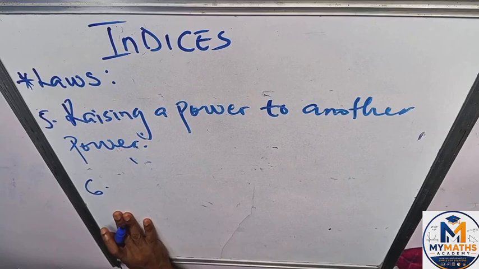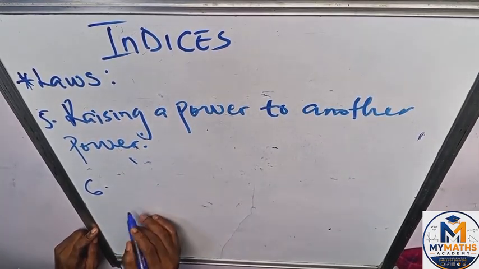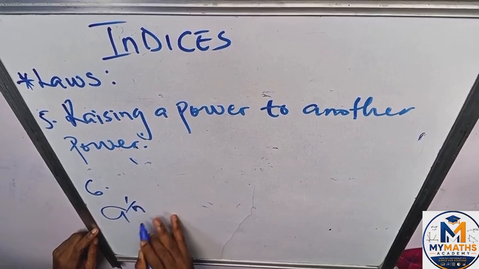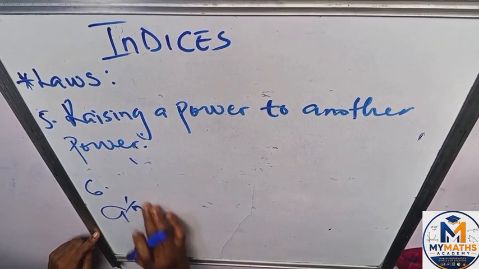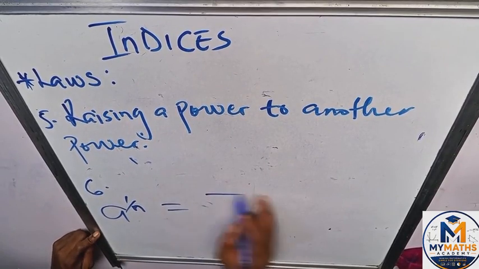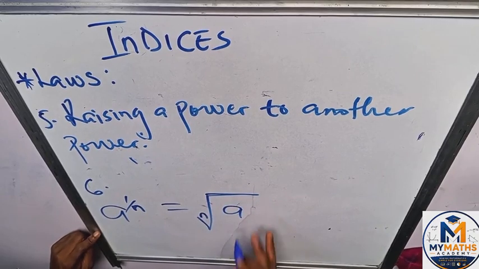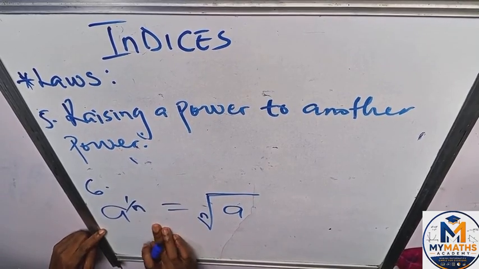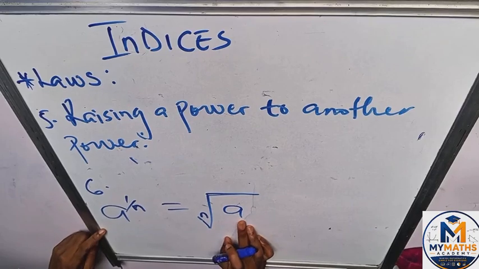Now, this particular rule is something like this. If I have a raised to power 1 over n, when the power is a fraction, then it means it is the nth root of a. Are we clear? If I have a raised to power 1 over n, it means the nth root of a.